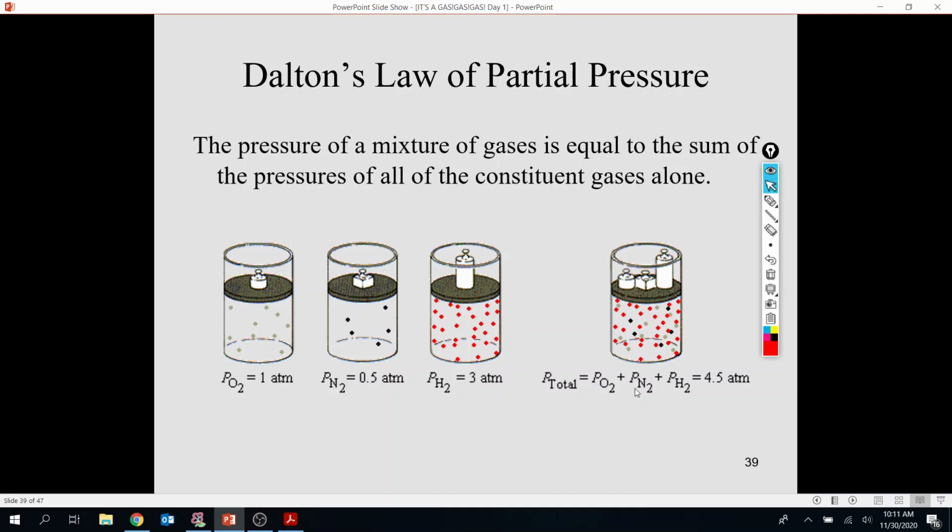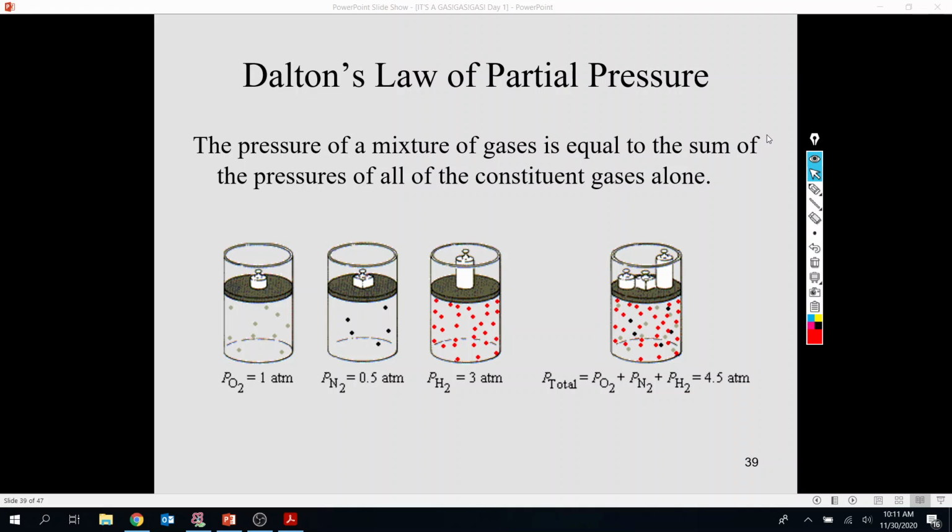Okay. Dalton's law of partial pressure. There's a gentleman named Dalton, who I believe his first name may have been Charles, but I'm not sure. You can Google it and find out what Dalton's first name was.